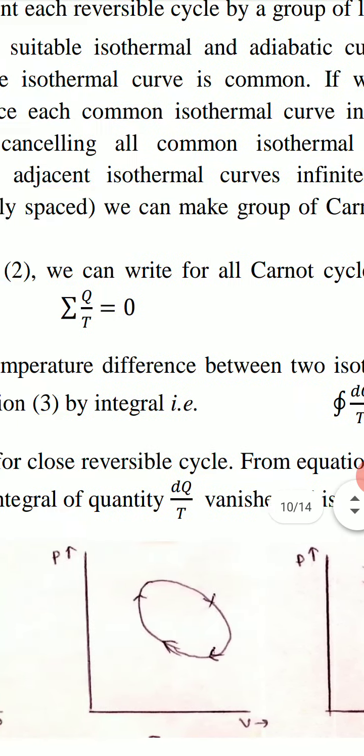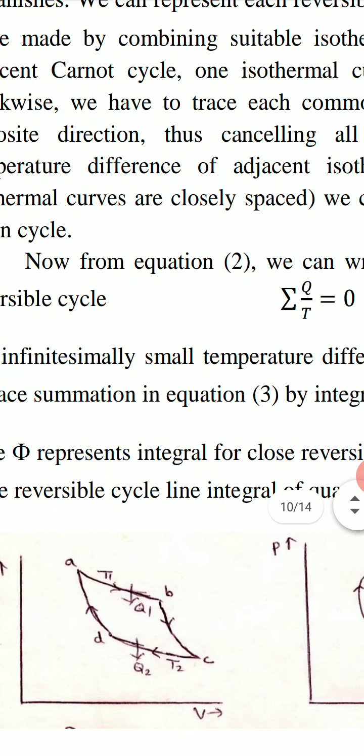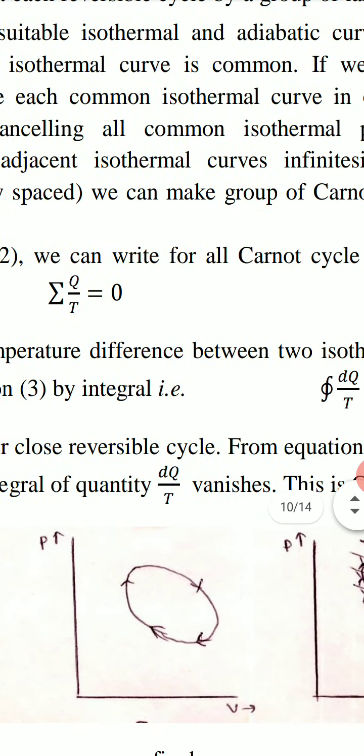In each pair of adjacent Carnot cycle, one isothermal curve is common.